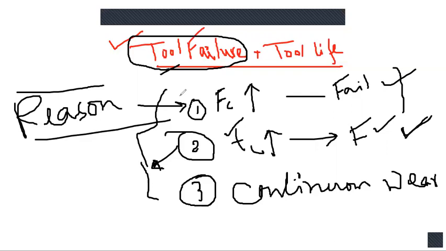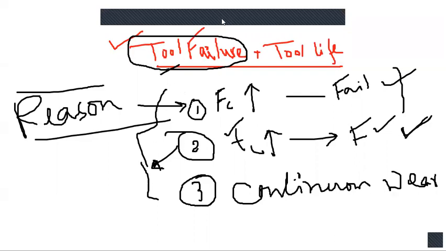Okay, for developing the materials, we have to develop the material to withstand the forces, temperatures and wearing action or other types of properties.